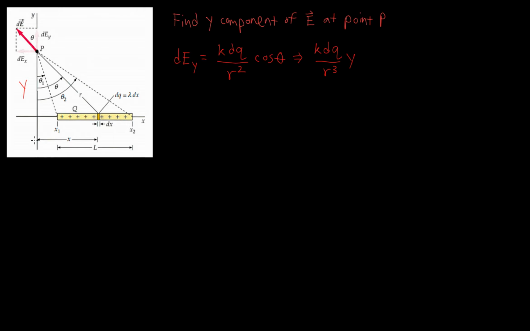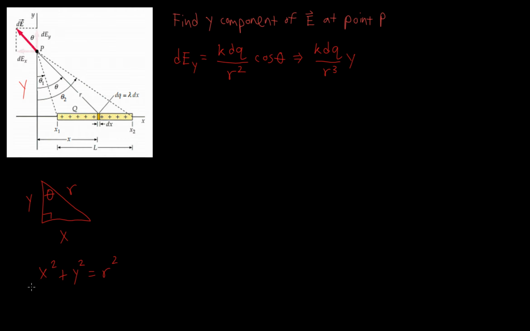So if we draw out this triangle right here, we get that this side right here is the letter y, and this length right here is x. And the angle is theta, and the hypotenuse is r. So if we use Pythagorean's theorem, since this is a right triangle, we can just say that x squared plus y squared equals r squared.